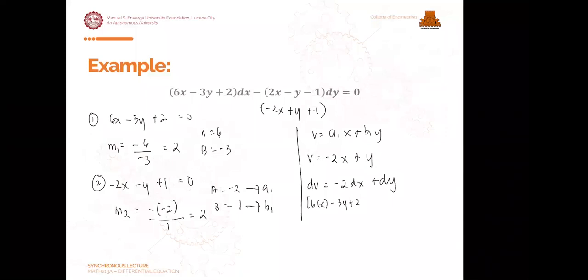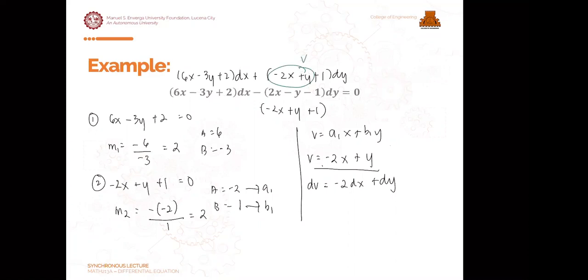Okay, so bago natin i-substitute directly dun sa mismong equation natin, di ba nakita natin na ang original equation natin will be (6x minus 3y plus 2) dx plus (negative 2x plus y plus 1) dy na. Okay? So yung negative 2x plus y, ito yun, corresponds yun dito. Ibig sabihin v to, no?